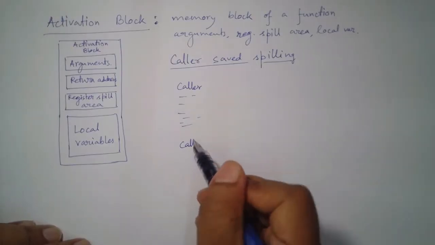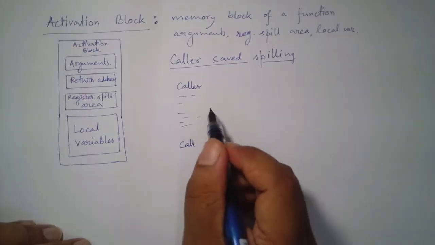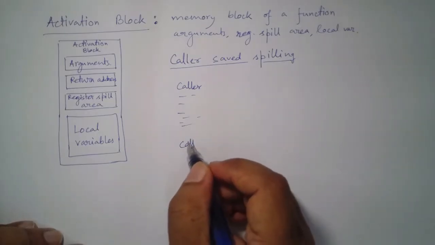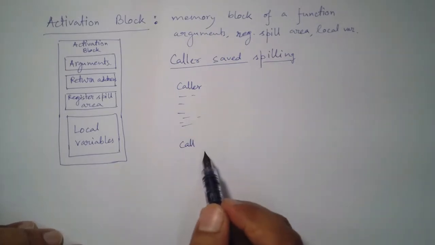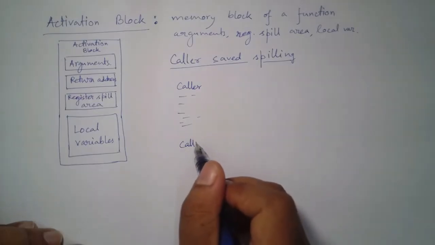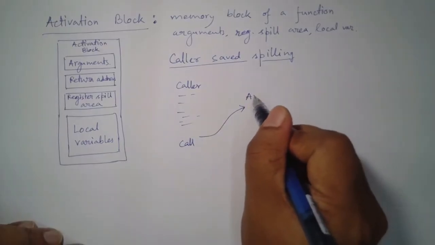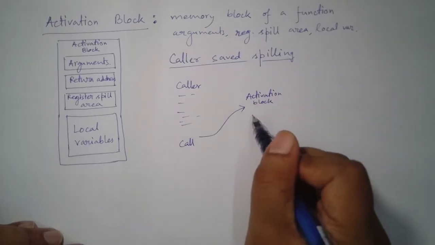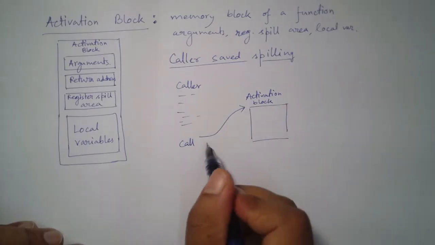Now, before it goes to that function to execute it, what will it do? The spilling will be done by this caller. So, it will create this activation block, and then it will move to the callee.